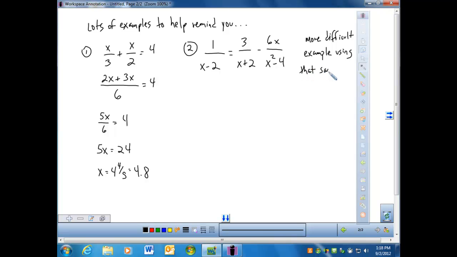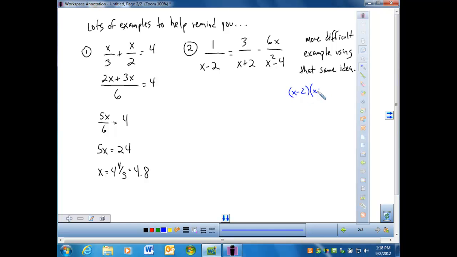So the tougher part, obviously, is trying to figure out what is the common denominator. Pretty easy in the first problem to figure out the common denominator was 6. In this one, it's going to test your algebra skills a little bit in order to figure that out.